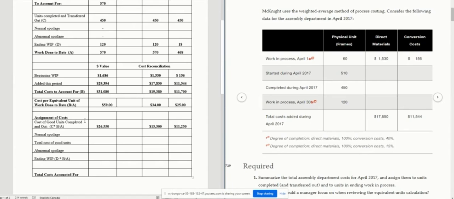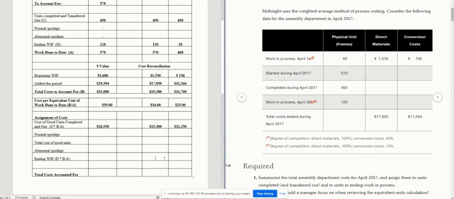And that would be the right way to do it. And that's certainly the way we're going to value our ending inventory, because you'll notice that ending inventory does not have the same number of equivalent units for each of the different components. So we have to do them separately. So we don't have any spoilage to deal with, so that's good.